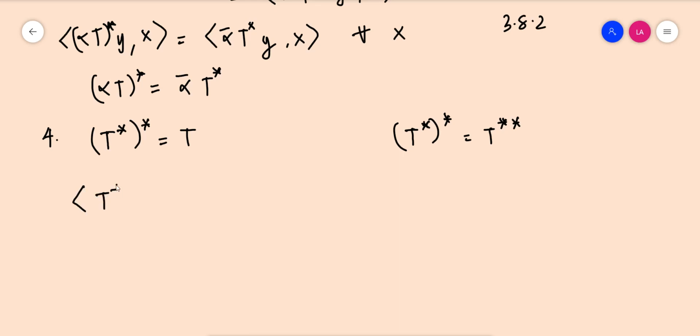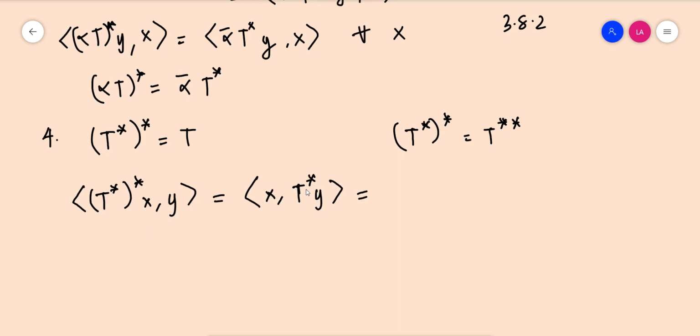Now inner product t star the whole star x comma y can be written as inner product x, t star y by the definition of Hilbert adjoint operator.